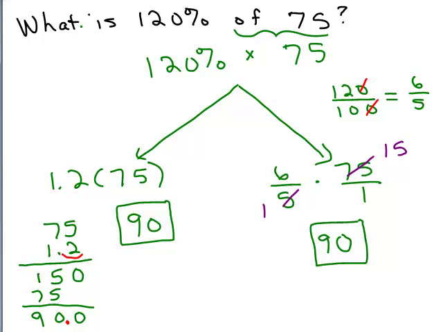Now, if you like to write it as an algebraic equation, when you see "what is 120% of 75," some people like to say, well, what? That's what I don't know, and they'll just call that x or n, and the "is" represents an equal sign.